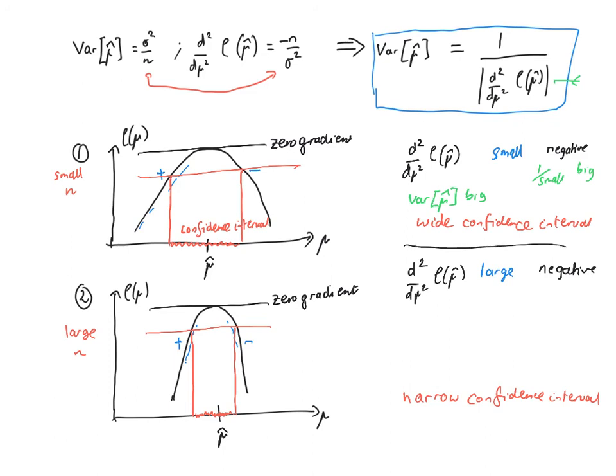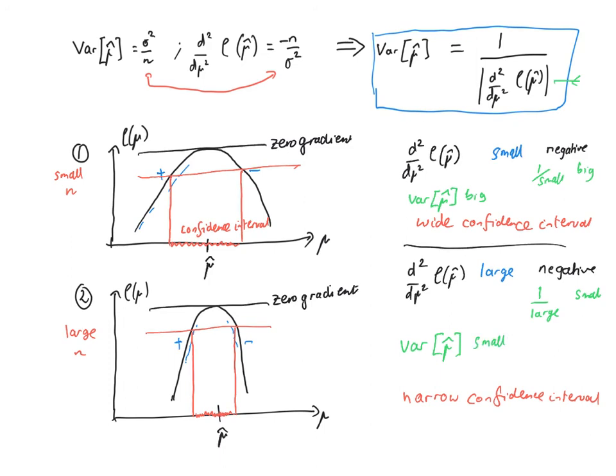The opposite applies when the second derivative is large. The negative is removed by the absolute value, so you end up with 1 over large, and 1 over large is small. So in this case, the variance, how much the maximum likelihood estimate is spread out, is small.